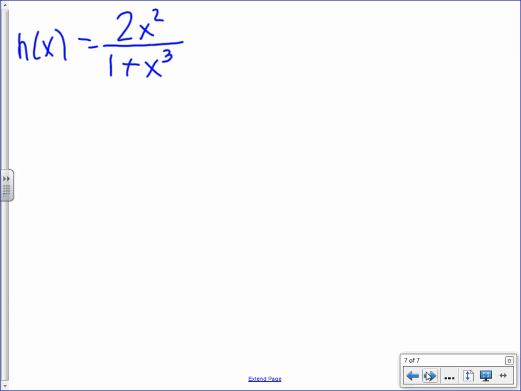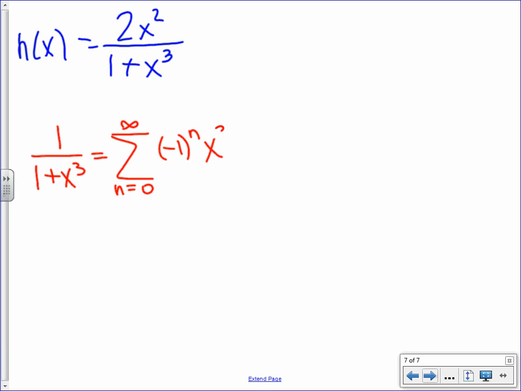Okay, so did we before have a 1 over 1 plus x cubed? Yeah. We decided that 1 over 1 plus x cubed was negative 1 to the n times x to the n.